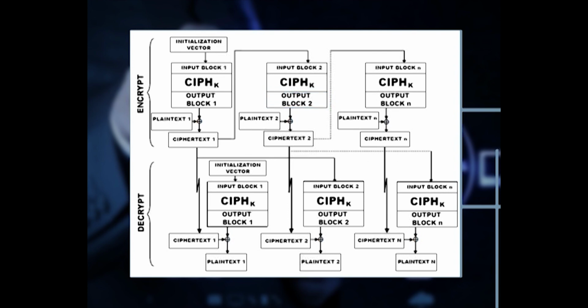The second output block is exclusive ORed with the second plaintext block to produce the second ciphertext block, and the forward cipher function is invoked on the second output block to produce the third output block. Thus, the successive output blocks are produced from applying the forward cipher function to the previous output blocks, and the output blocks are exclusive ORed with the corresponding plaintext blocks to produce the ciphertext blocks.